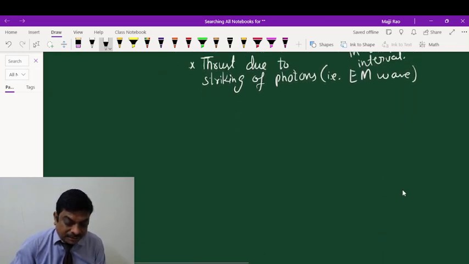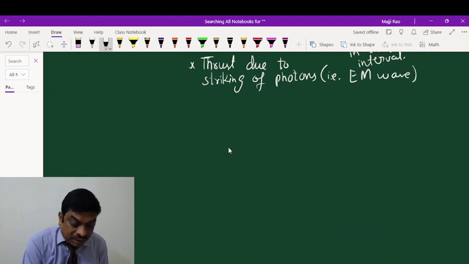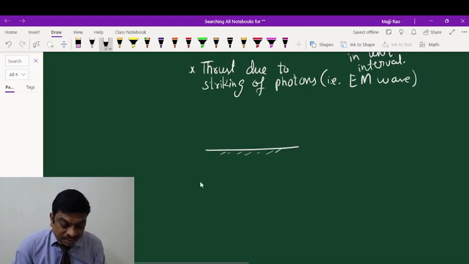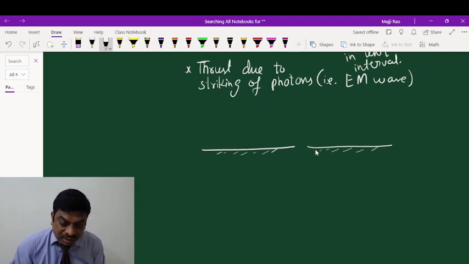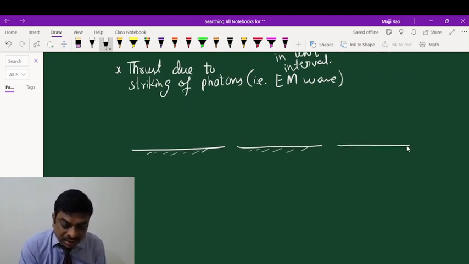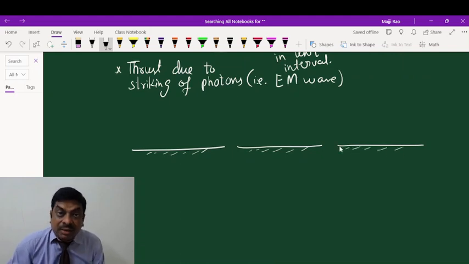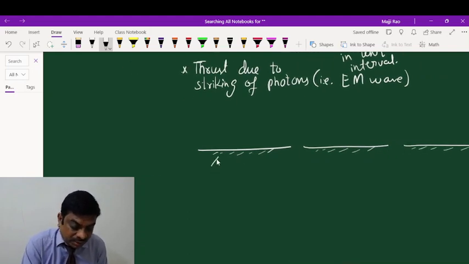Okay, students. Now we'll consider three different situations. In one situation, the surface is perfectly absorbing. In the other, it is perfectly reflecting, and in the third, it is partially reflecting. This I take as perfectly absorbing.